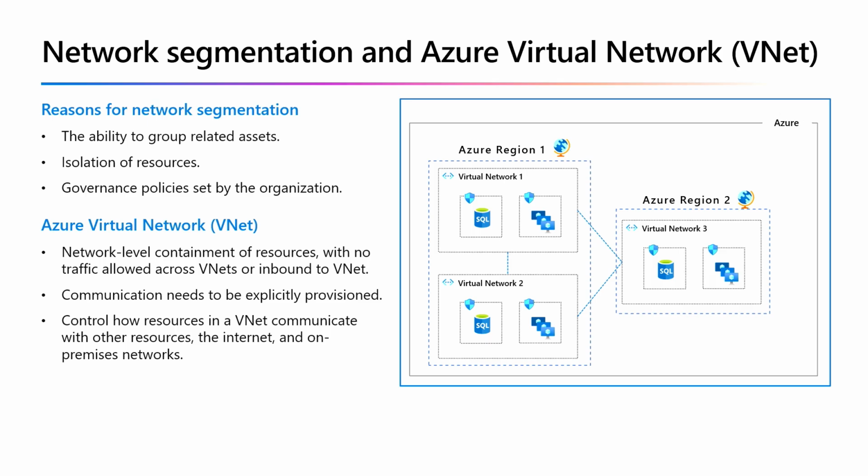Communication needs to be explicitly provisioned. This enables more control over how Azure resources in a VNet communicate with other Azure resources, with the internet, and with the on-prem network. Now, which service will be used to allow or block traffic within these VNets?